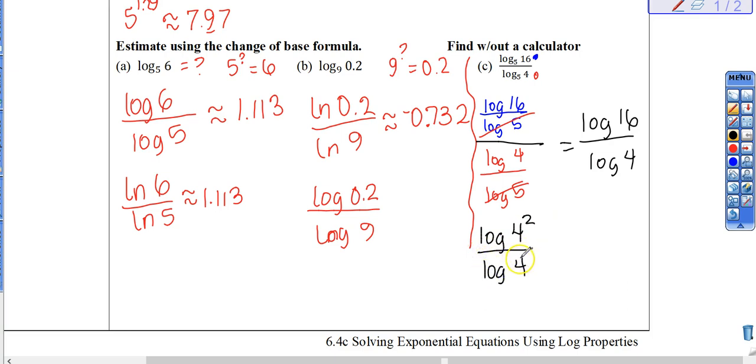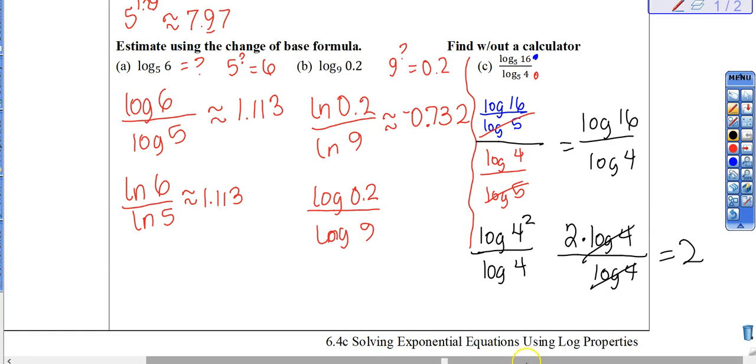If I want to continue solving this by hand, I'm going to power down the 2. So 2 times the log of 4, because the log of a power is the same as the power times the log, over the log of 4. Can I simplify that fraction? You know it. The answer is 2.